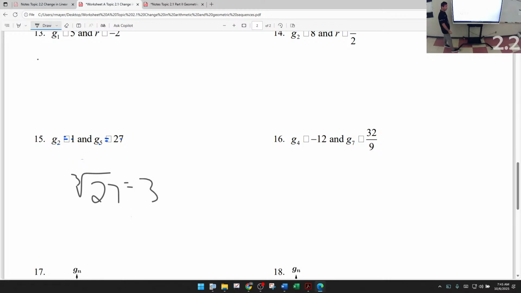And so if R is 3, we'll go to G of n equals 1 times 3 to the n minus 1. And when I get 5, I'll do 5 minus 1, which is 4, and 3 to the... I do that all the time. It's n minus 2. Stupid 2 right here.